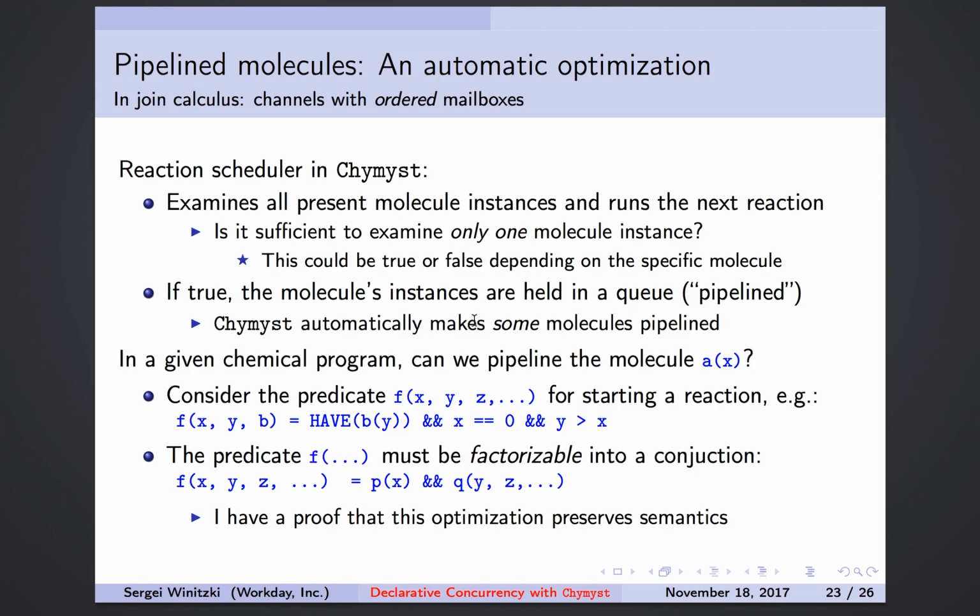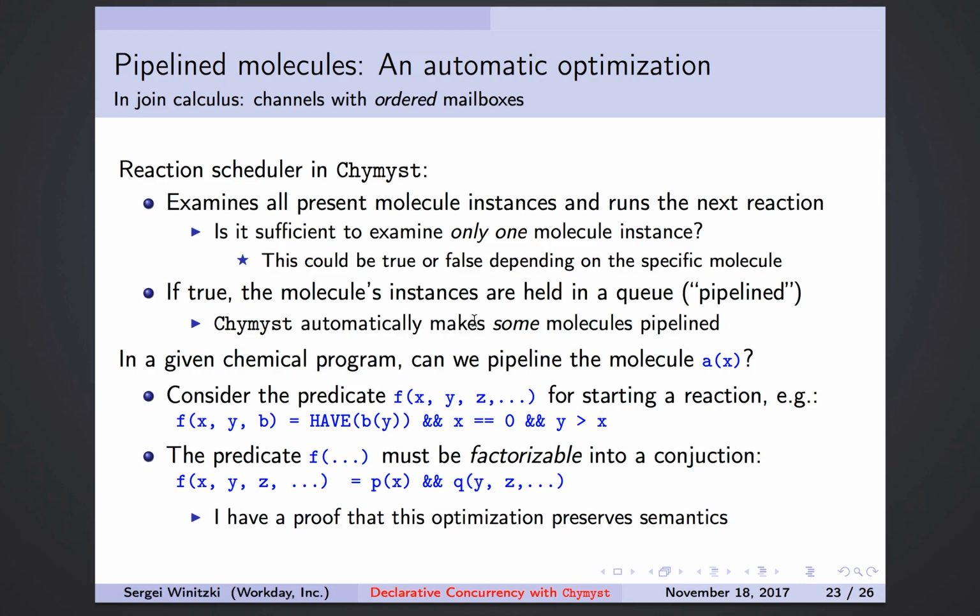For example, you have 10 molecules A and 5 molecules C and so on, and there's a reaction that says A(x) + C(y) when x > 0 and y > x, and so on. Then the reaction starts.